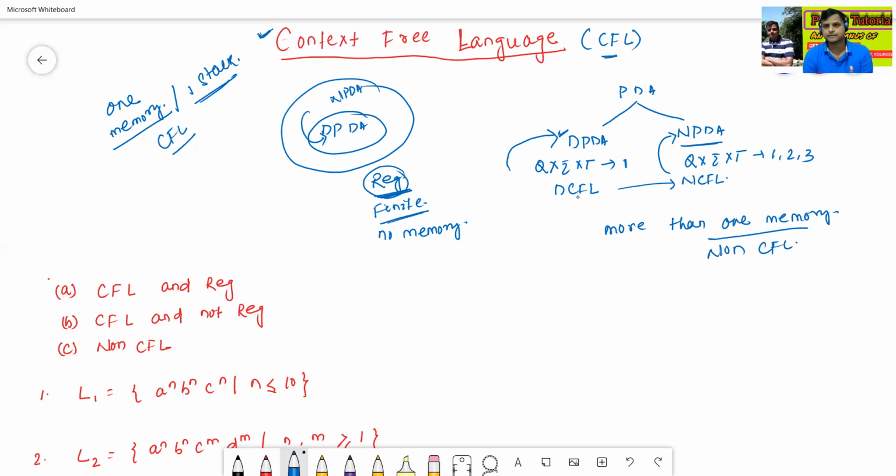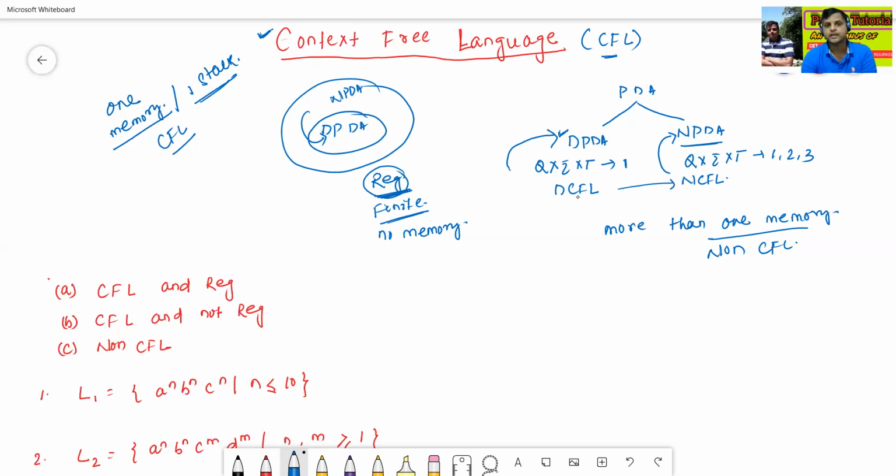Now we'll see some examples of how to identify whether a language is context-free. This is the method. If one memory is required, the language is context-free. If no memory is required, it is a finite or regular language. If more than one memory is required, the language is not context-free.